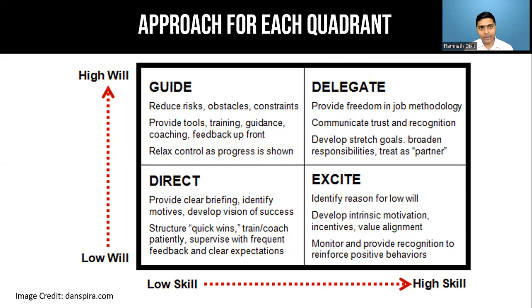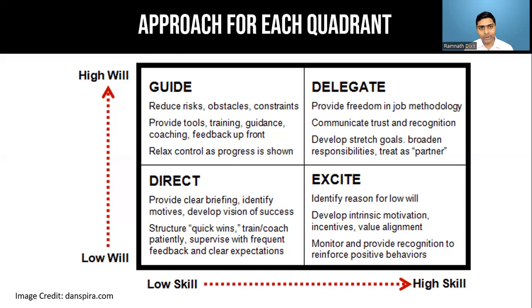So quick wins are situations wherein if people do something nice, congratulate them, appreciate them, and that will also propel them to work harder and perform. So direct approach is something which requires a lot of patience on your part, but nonetheless, it is a real test, an acid test of your leadership ability.